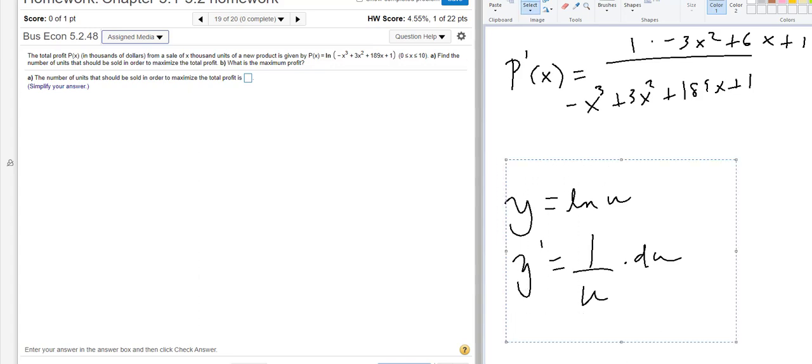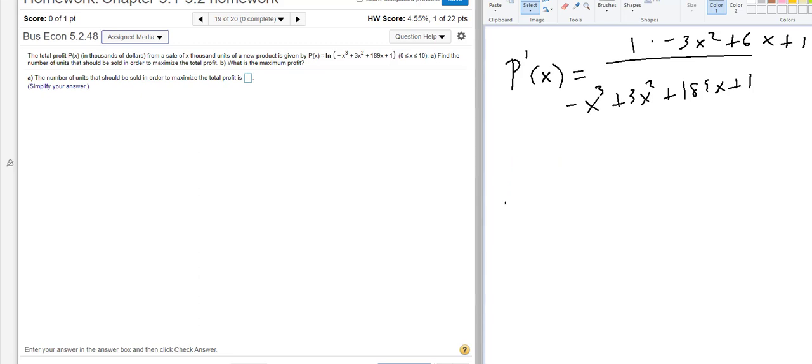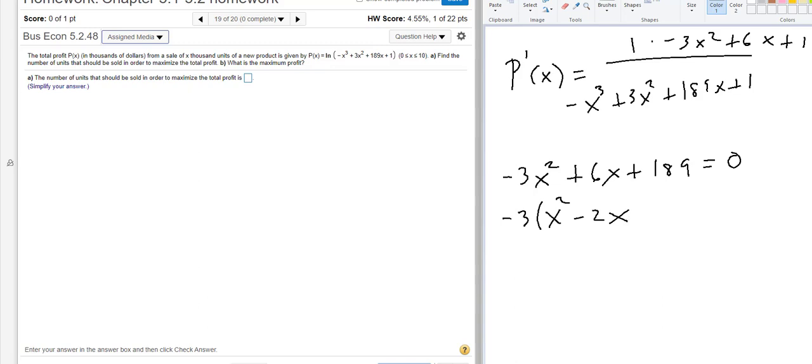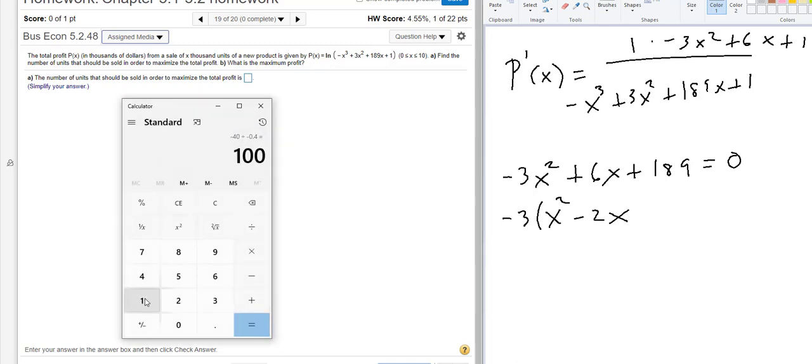Now we want to know when this is equal to 0, and the denominator can never be 0. So what we really want to know is when negative 3x squared plus 6x plus 189 equals 0. We factor out a negative 3: x squared minus 2x, and 189 divided by 3 is 63, so minus 63 equals 0.